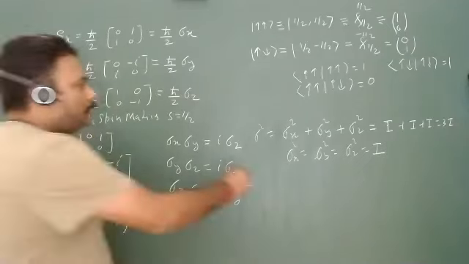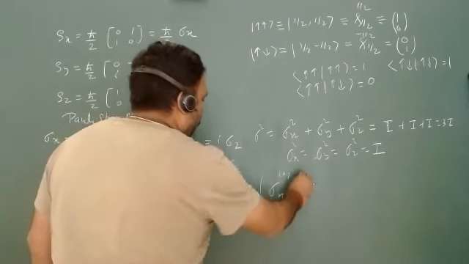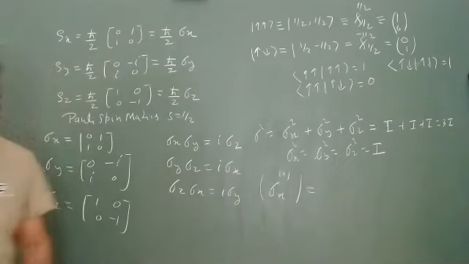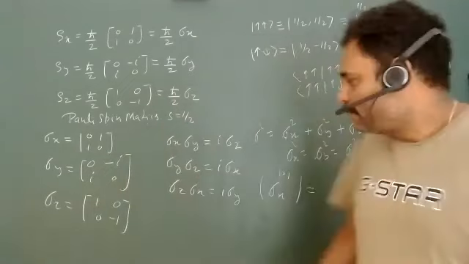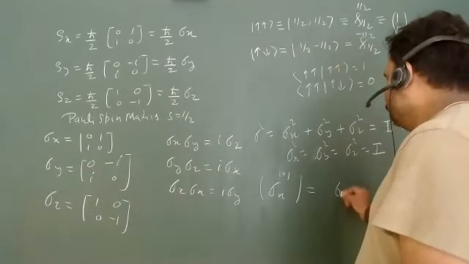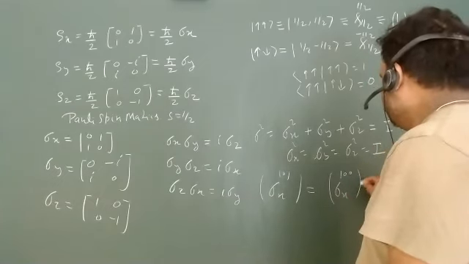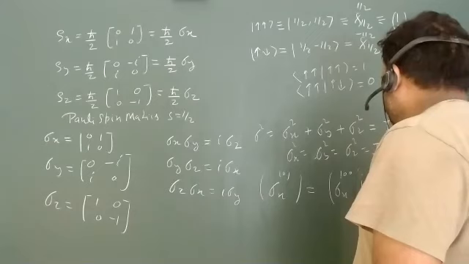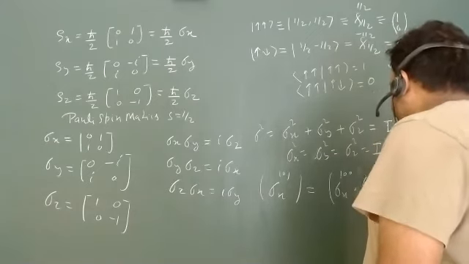Can you please tell me what will happen to sigma x to the power 101? What is the value of this? It will be sigma x to the power 100 into sigma x.